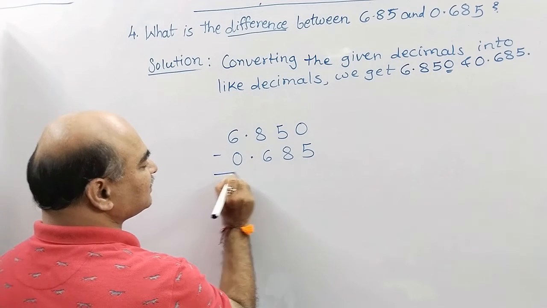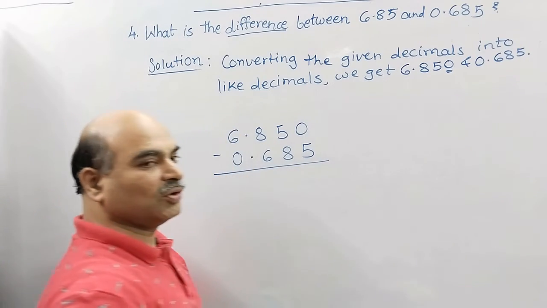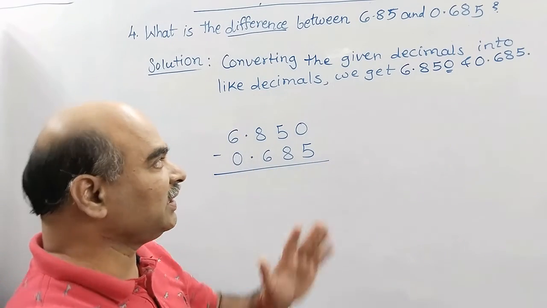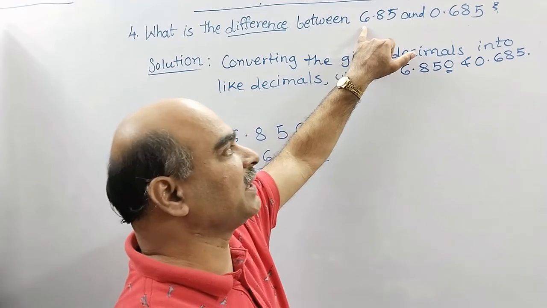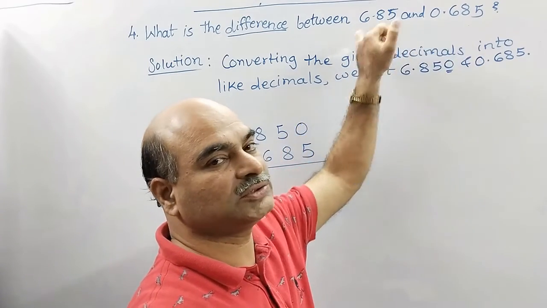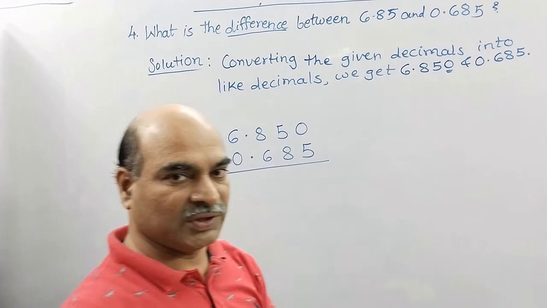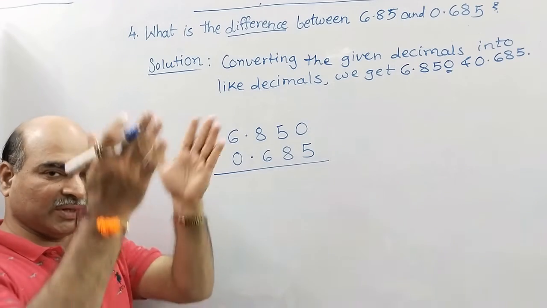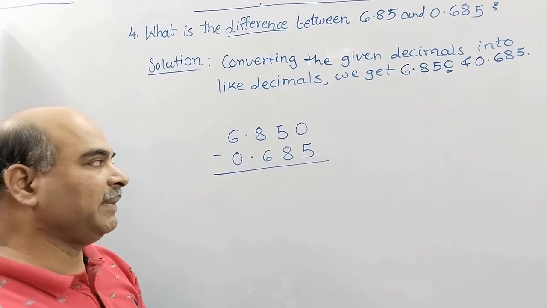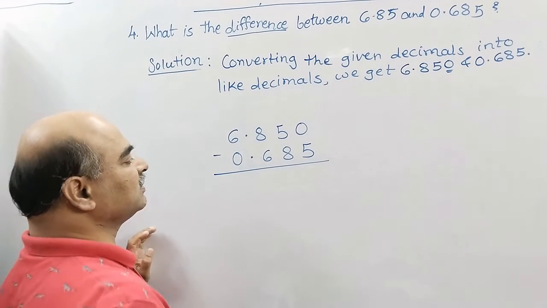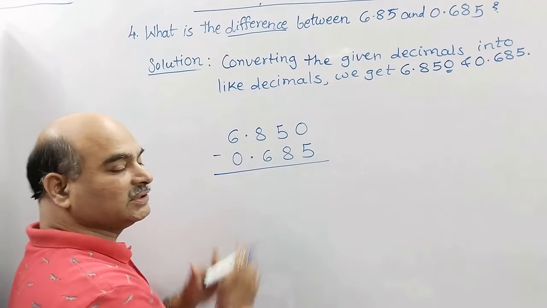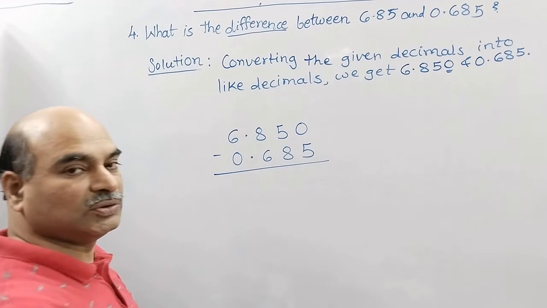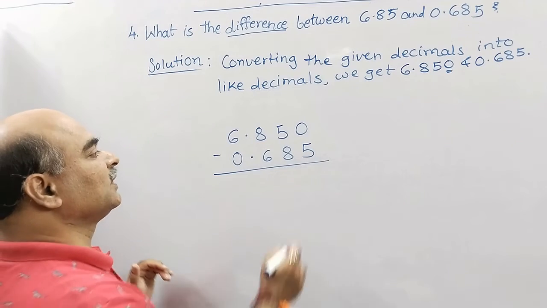So this is the hint. Don't be confused. Only watch the integral part, 6 and 0. So 6 minus 0, that is the arrangement of the subtraction we have made. So in vertical arrangement we have just written this sum. Now we do the proper subtraction.